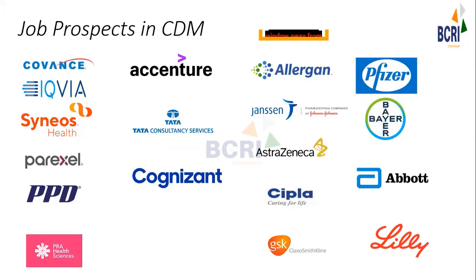TCS has opened its new pharmaceutical branch in Bangalore. Then we have Covance, IQVIA. Syneos Health is in Pune. Parexel is in Hyderabad and Bangalore. PPD is in Bangalore. PRA Health Sciences, which was in Delhi before, is now trying to open up in Bangalore. So a lot of new companies are coming up, and a lot of new companies are going forward in the medical domain.